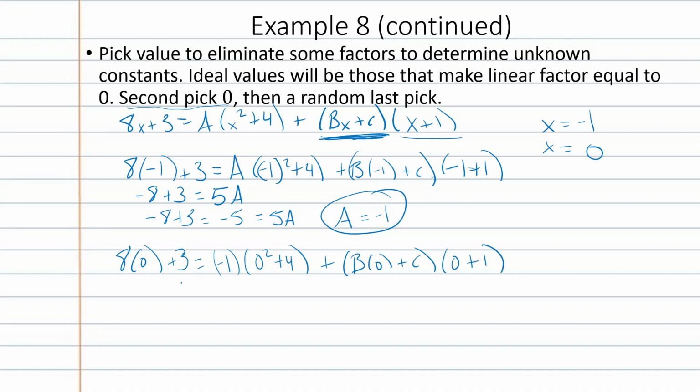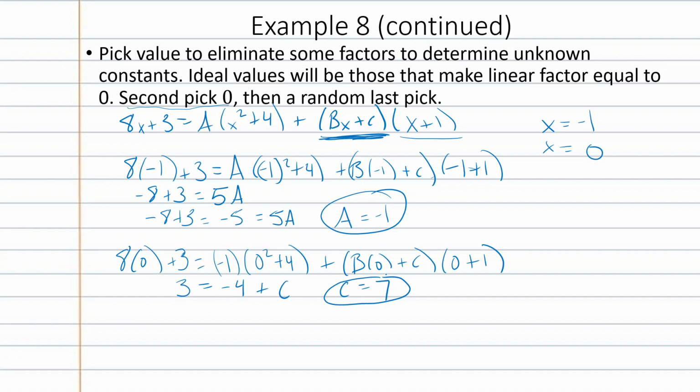Okay, 8 times 0 is 0, leaves me with a 3 here. 0 squared is 0, plus 4 is 4. 4 times negative 1 is negative 4. B times 0 just makes the b go away. 0 plus 1 is 1. So really I'm just looking at negative 4 plus c here. So that c must be 7. If I add the 4 over to the 3, I get c equals 7.